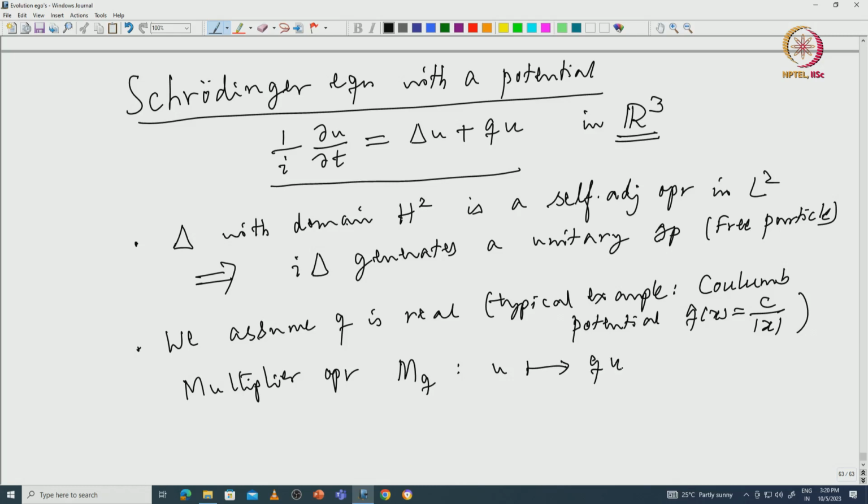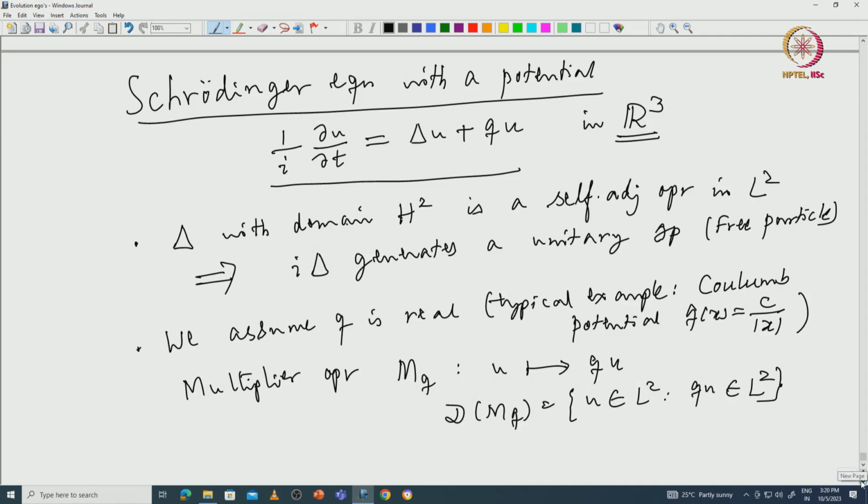The domain of MQ is the set of all u in L2 such that qu is in L2. This multiplier operator is a densely defined closed operator, assuming that q is finite almost everywhere, as we have discussed in general.